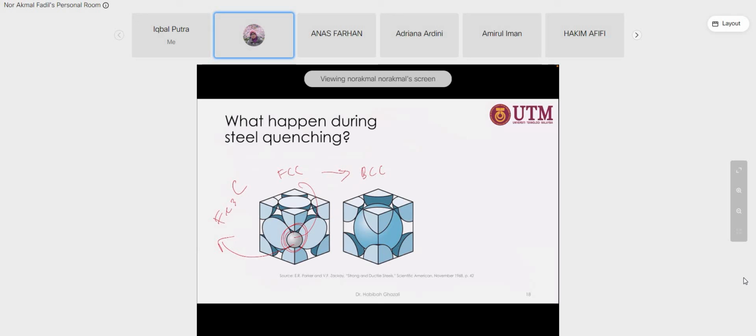This is normal. If you cool it slowly in the air or in the furnace, the FCC transforms into BCC.